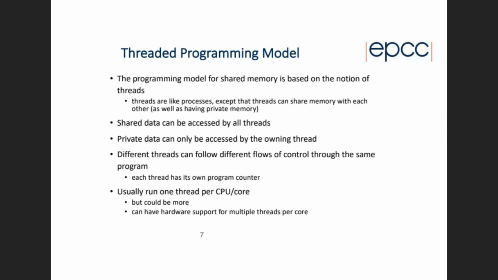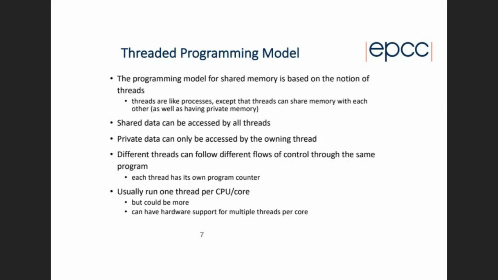Andrew asks, is this idea similar to class objects in object-oriented programming? The answer is no. Unfortunately, the same or similar terminology is used. In object-oriented programming, you have these notions of private and public data for an object.